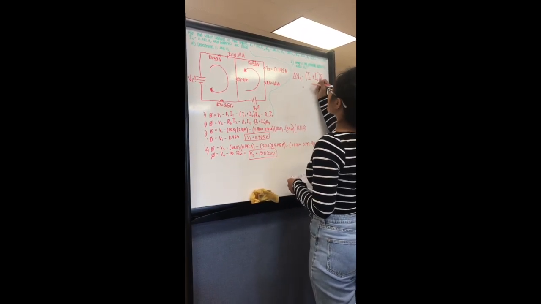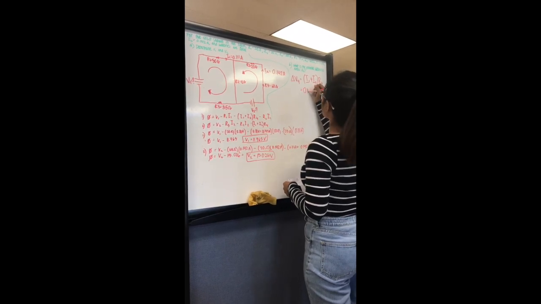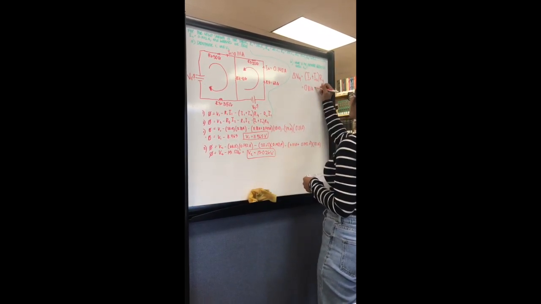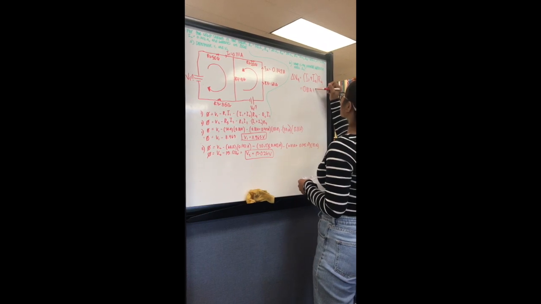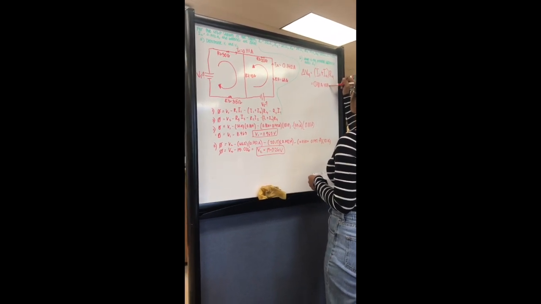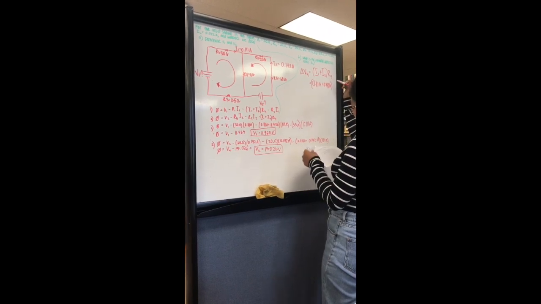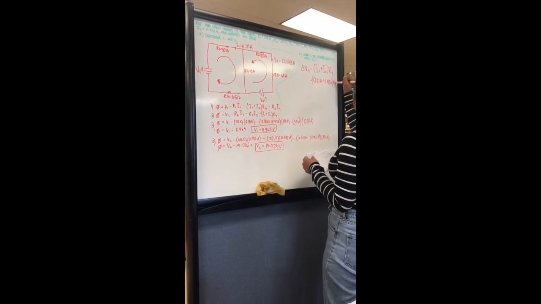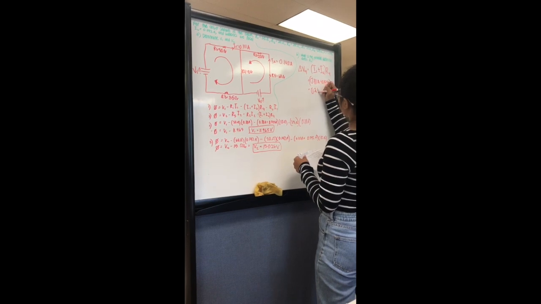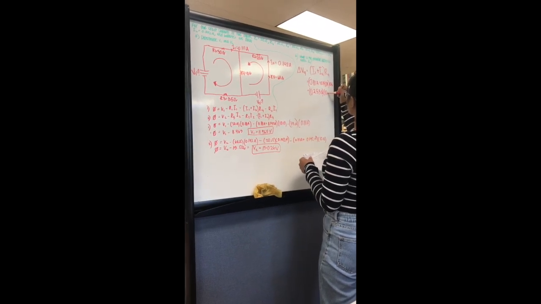Then we will substitute the numbers and we have open parentheses 0.111 amps plus 0.142 amps close parentheses multiplied by 10 ohms. And this equals 2.53 volts.